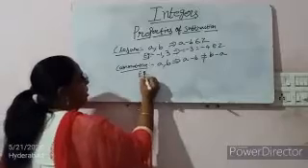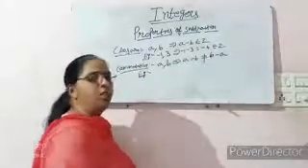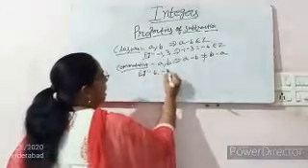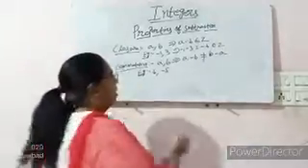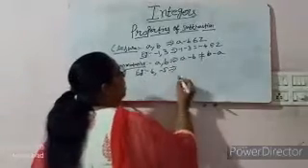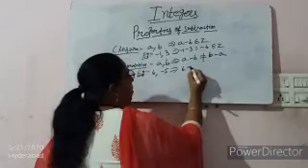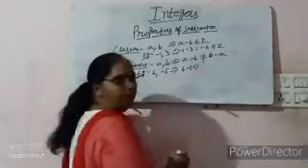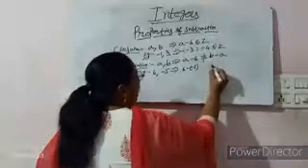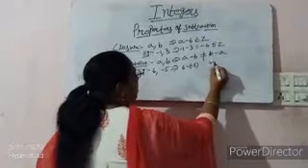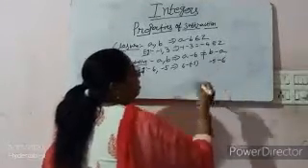For example, if I take two integers as 6 and -5. So what is a minus b? 6 minus of -5, and b minus a is -5 minus 6.